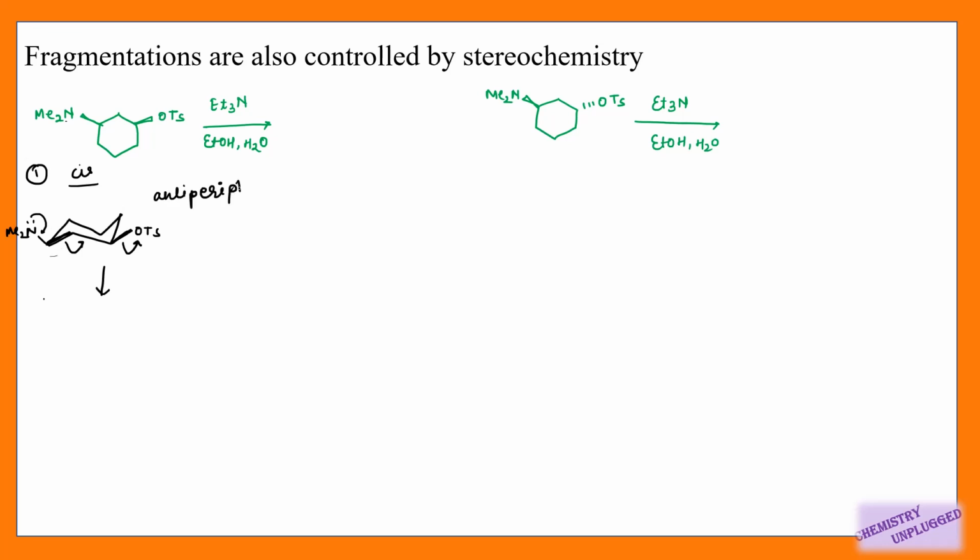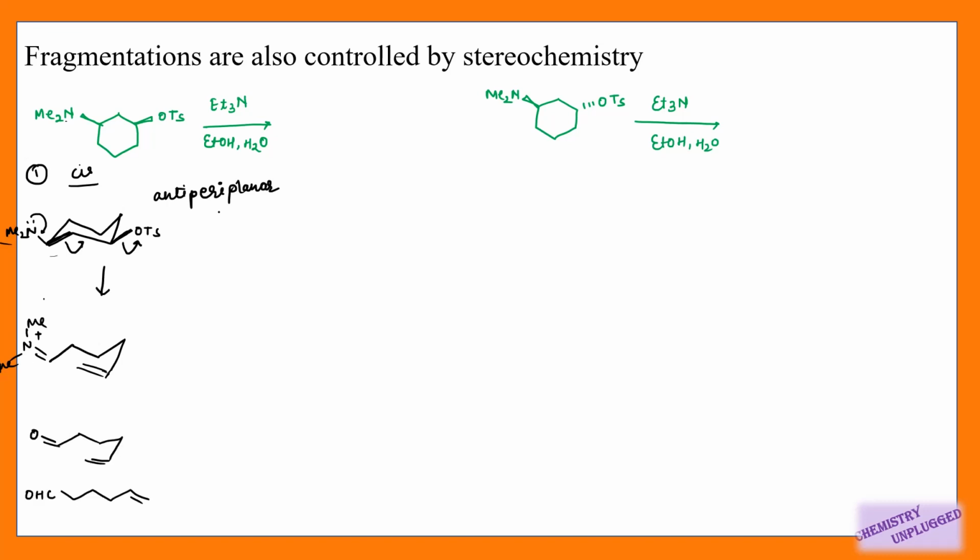We are not talking about the anti-periplanar nature of the leaving group and this source. We are talking about the bond which is going to be under fragmentation and this leaving group bond. So when it breaks, we will get this molecule, right? And then we are using hydrolysis. So we will remove this imine and we will get a ketone group attached.